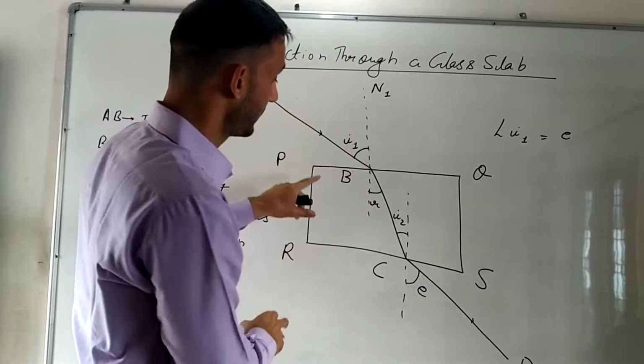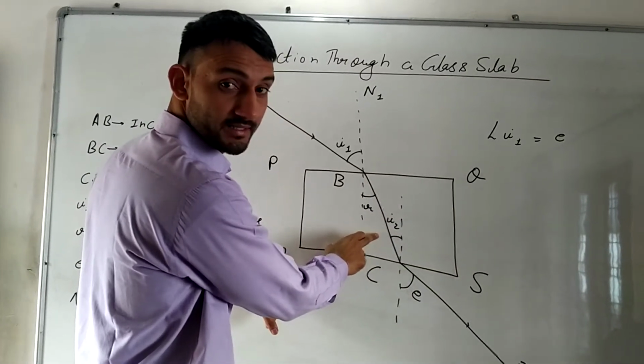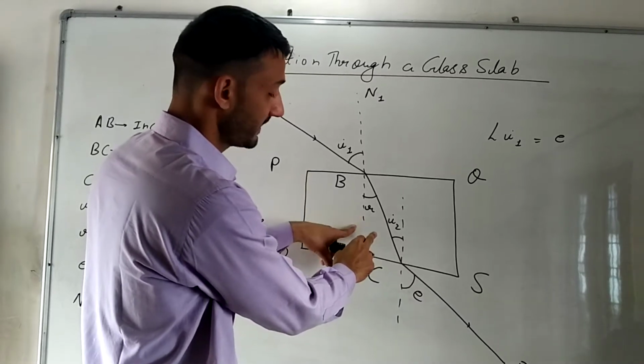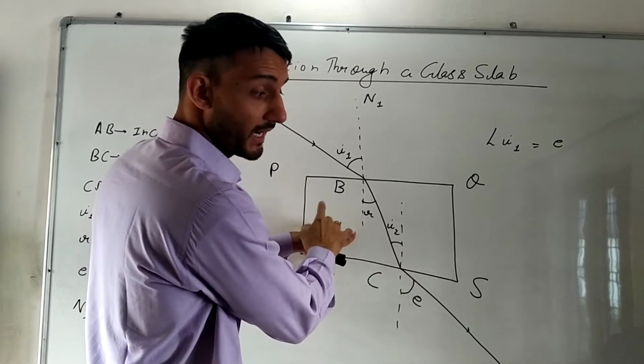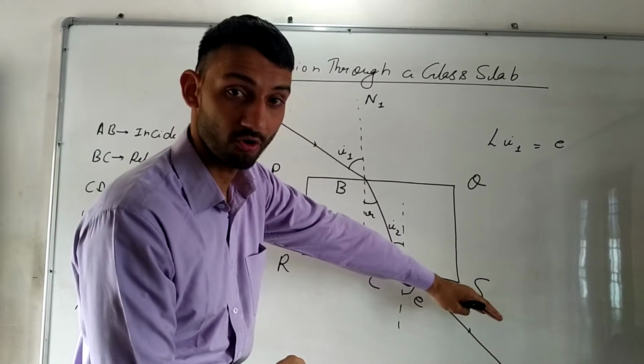Alright. Now the light ray is in glass, that is, in the denser medium. When it goes from this denser medium, that is from glass, again to air, which is a rarer medium, it will bend away from the normal.